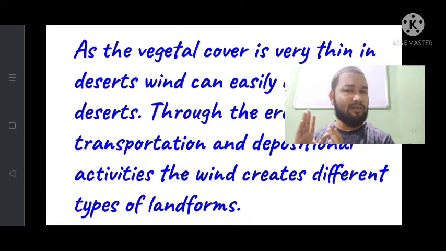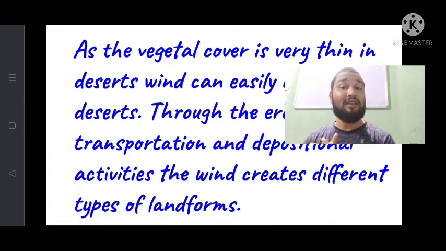Somewhere you will get some vegetation, but it is also very thin, small vegetation like cactus, date palm, etc. The area is very dry. You will not see the impact of rain or glaciers, but in that area you will see the activities of wind.